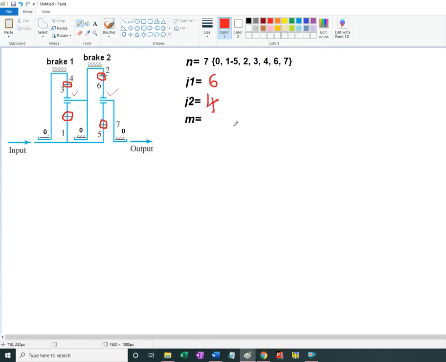So it's 4. So mobility is 3 times 7 minus 1, then negative 2 times 6, and then negative 4.